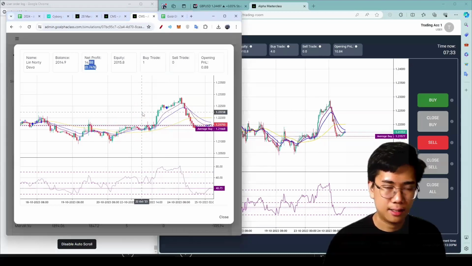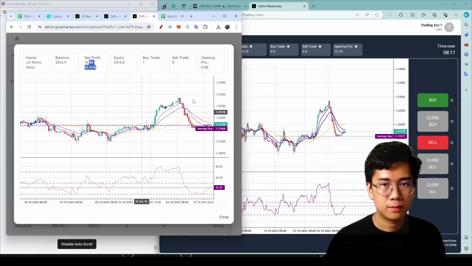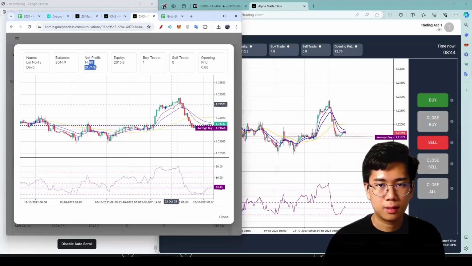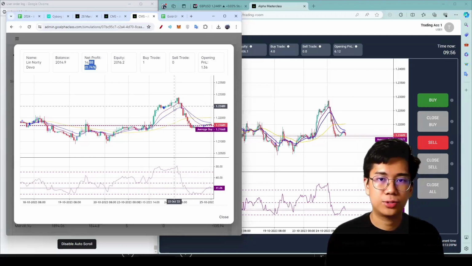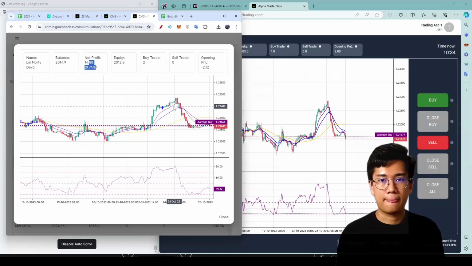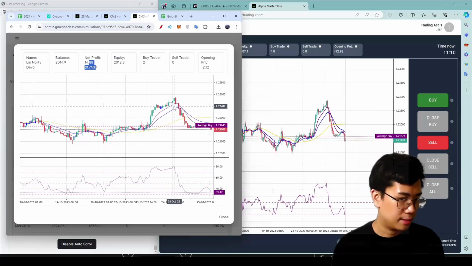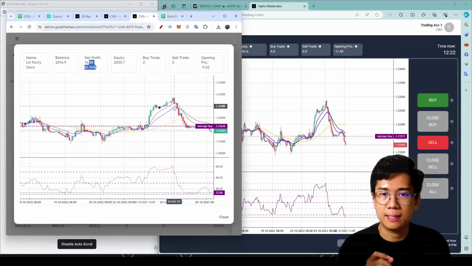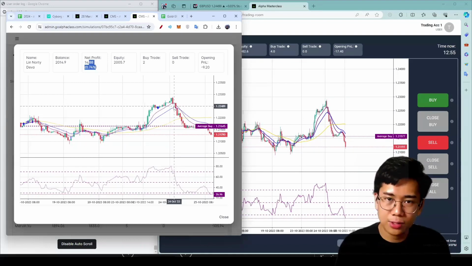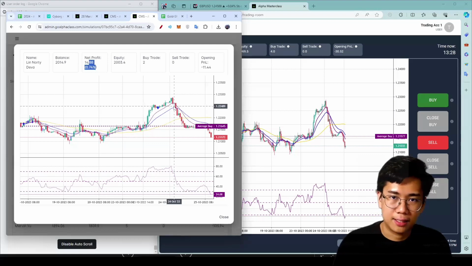And then when the price crosses above the moving average, would you choose to buy or choose to sell? Right now the price goes down even deeper. Even goes inside.